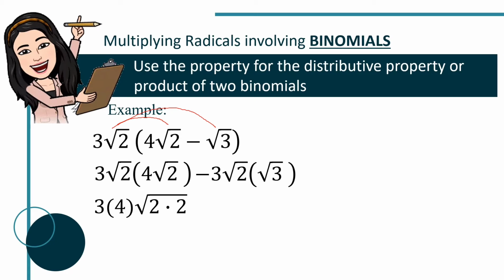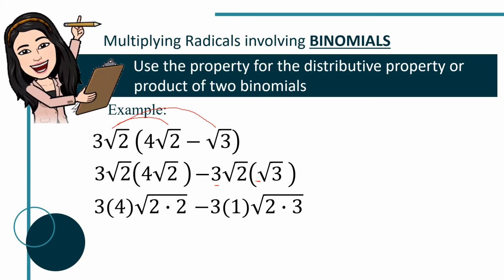Ganun din ang gagawin natin dito. 3 times, anong coefficient nito? We have 1, hindi lamang nagpapakita. So, that would be minus 3 times 1. How about square root of 2 multiplied by square root of 3? So, 2 times 3. Nakuha yung part na yun?